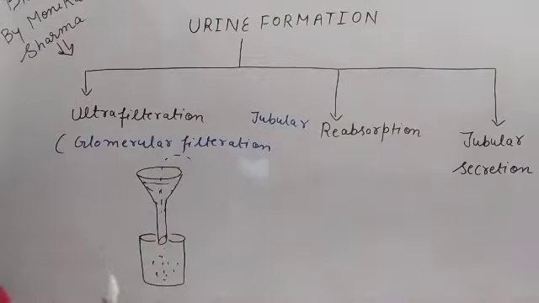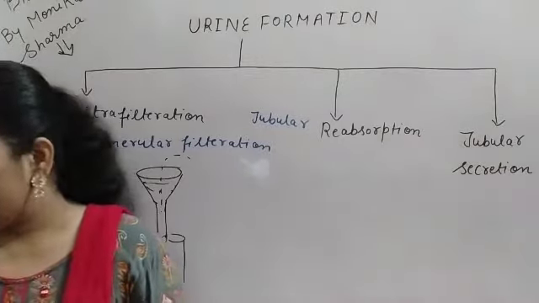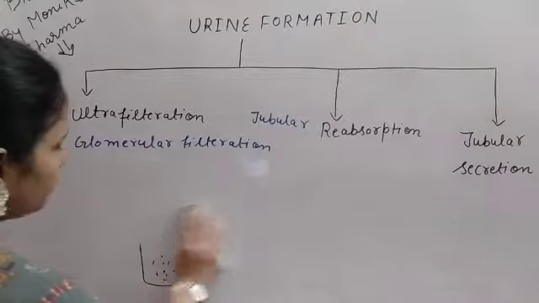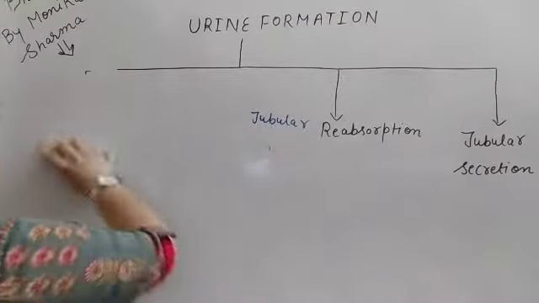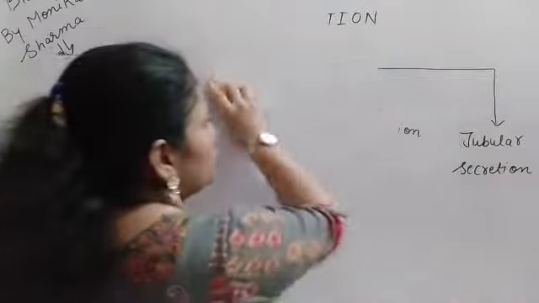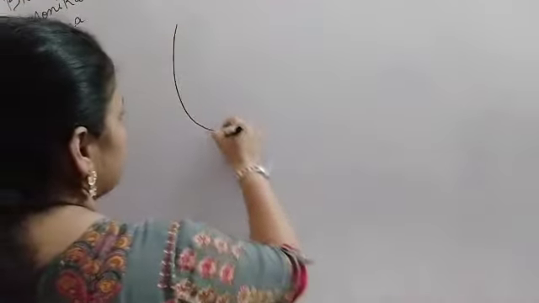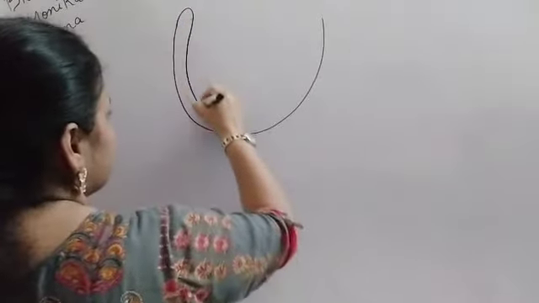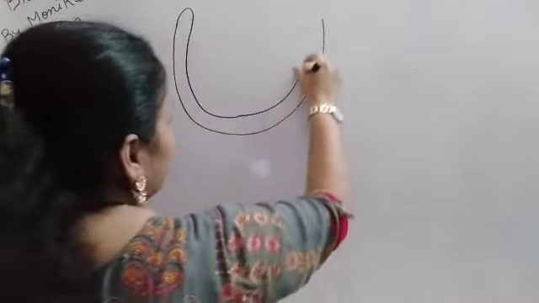It is clear from the name: filtration takes place in the glomerulus part of the nephron. Glomerulus is a bunch of capillaries that is present inside the Bowman capsule.